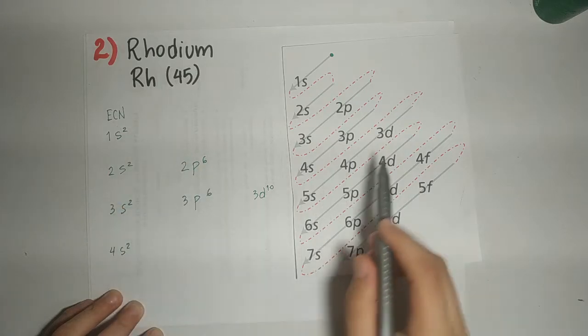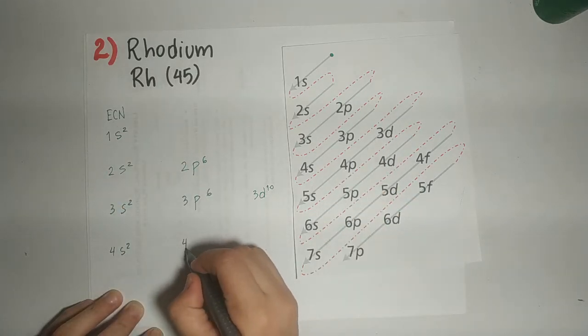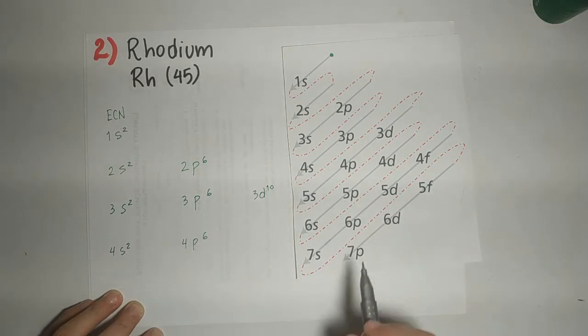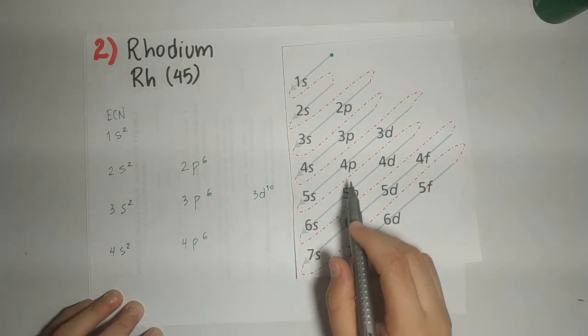I need 15 more. So 4p6, I need 9 more, so I continue.